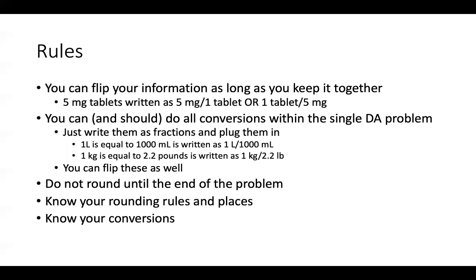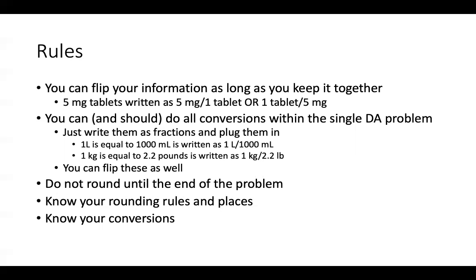All right, now remember you can flip your information as long as you keep it together. So what do I mean by that? Well, in dimensional analysis, everything that you're going to use is written as a fraction. It's not really a fraction, but it's written as what you would consider to be a fraction. Okay, it looks like a fraction with a numerator and a denominator.